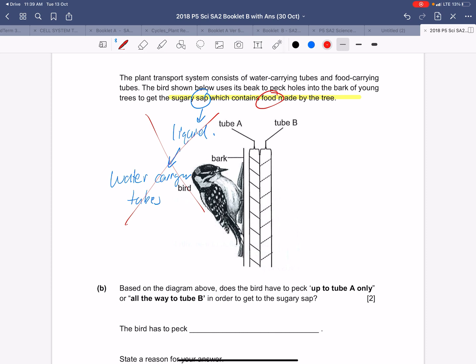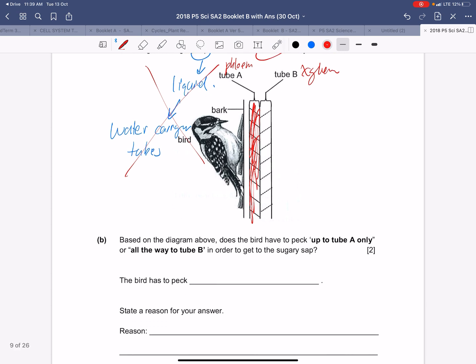So if it's food, it should be your outer one over here, which is your phloem, or your food carrying tubes. This is your xylem, water carrying tube. So the bird has to peck to A only. Explain your answer. Now, you need to tell me that it's only until A because A is the food carrying tubes.